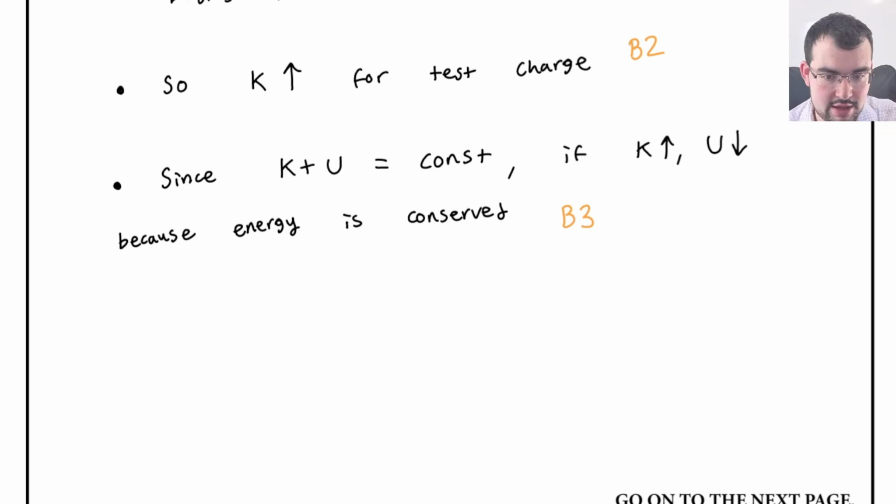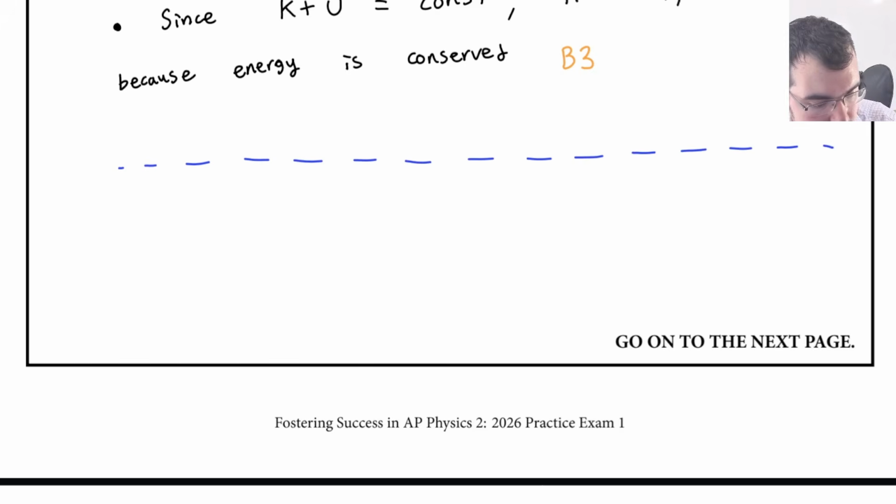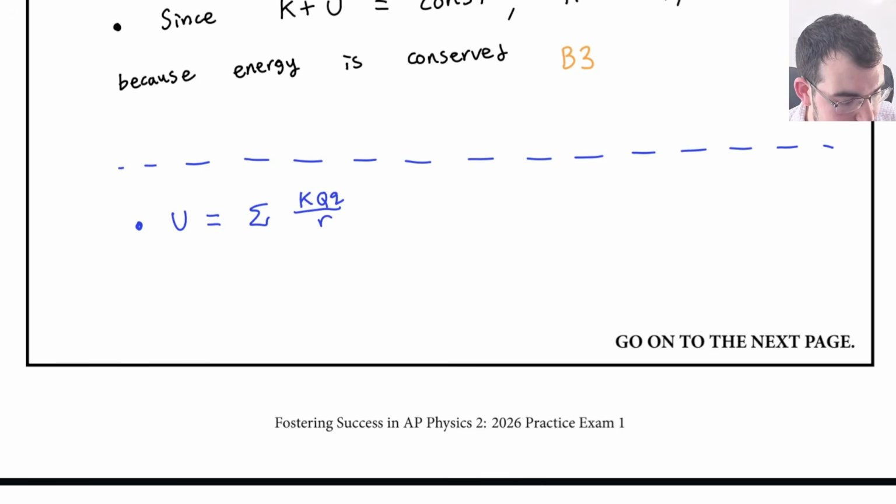Now, there's another way that you could do it, where if you did an alternate solution, which we might put on the side here, we might also say that U is equal to the sum of kQq over r.